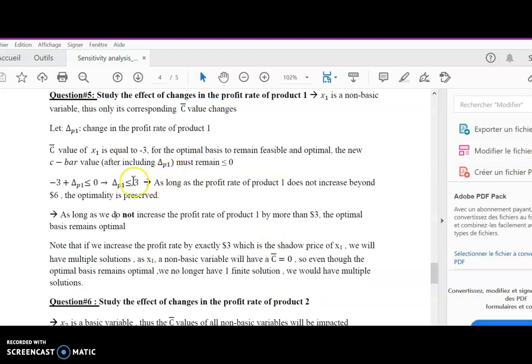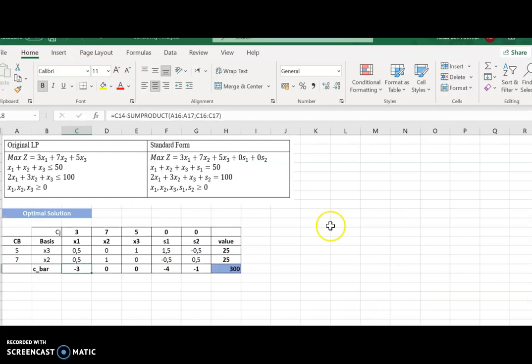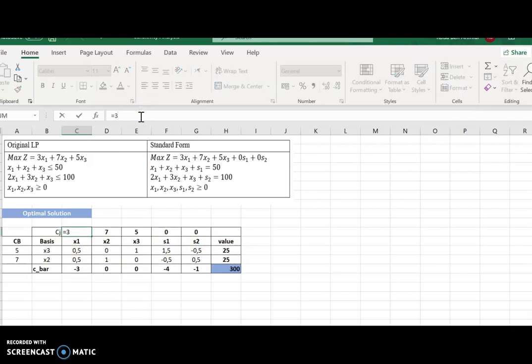So if we increase its profit rate to 6.5 or 7, it would have to enter the basis because its c-bar row will become positive. Let's try it out. So this is 3. Let's add 3. So here we have a case of alternate solutions.